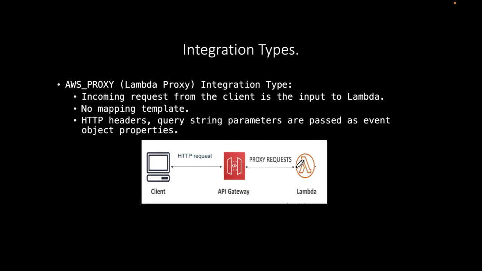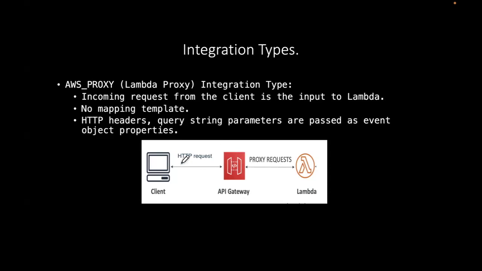You just tell the API Gateway, I want to use the Lambda integration, the AWS Proxy integration, for a particular endpoint in my web API, and it takes care of the rest. You don't need any mapping templates at all.